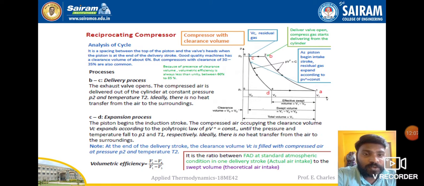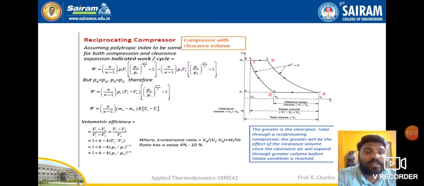All right. So next one is volumetric efficiency: V1 minus V4 is equal to V1 minus V3. Next, the work done formula. Assuming the polytropic index to be the same for both compression and clearance expansion, W is equal to n by n minus 1 P1 V1 into (P2 by P1) whole to the power of (n minus 1 by n) minus 1.